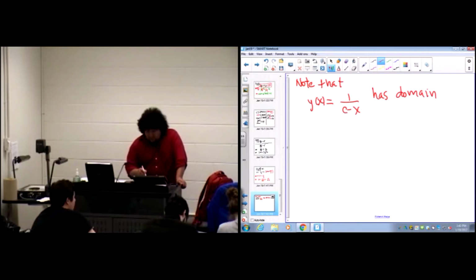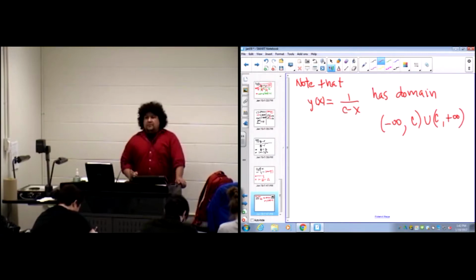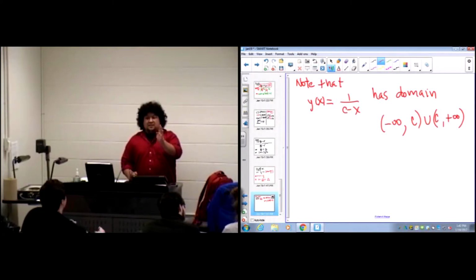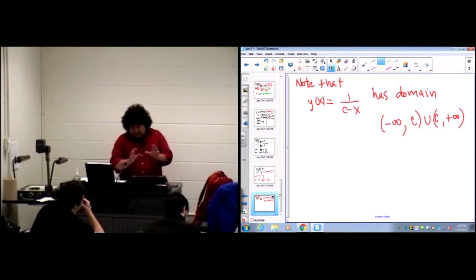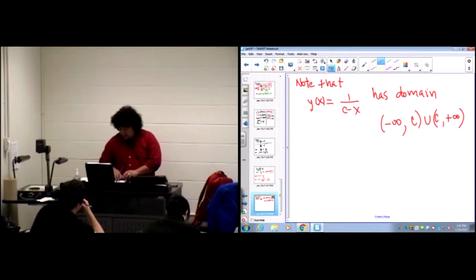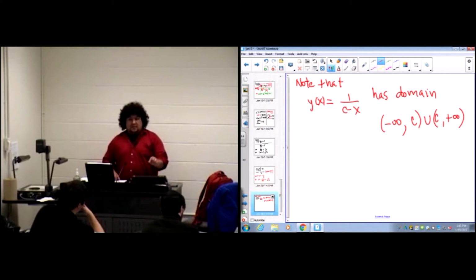It is an expression defined from minus infinity to c and from c to positive infinity. However, this expression is not defined at x equals that constant c. That's one way of writing what this domain is, in terms of excluding the value at which this denominator becomes 0.